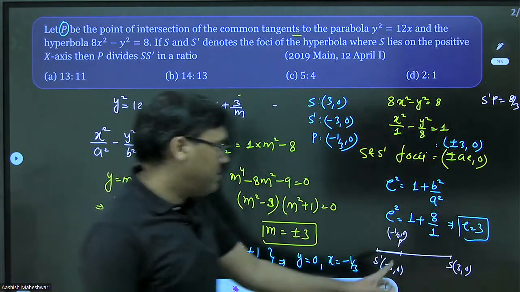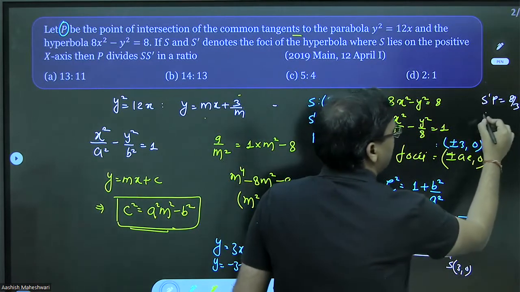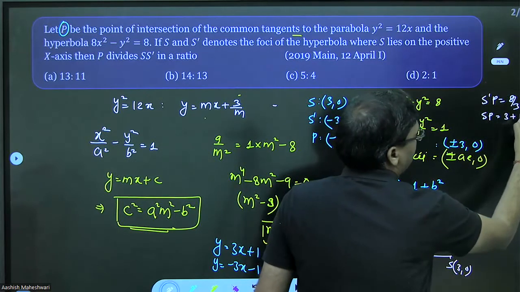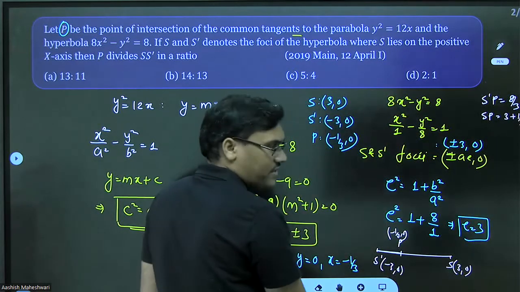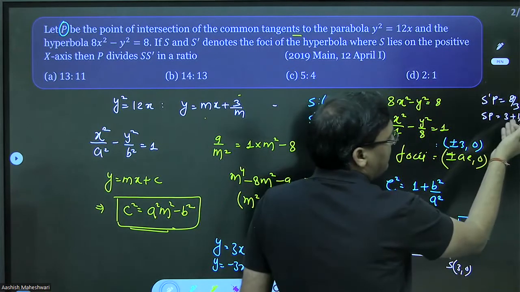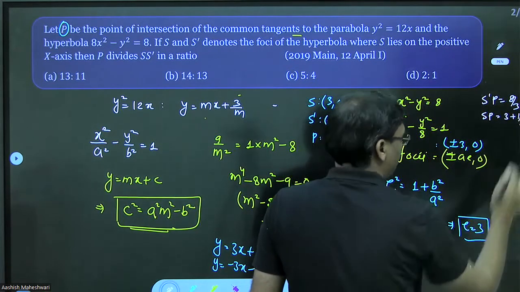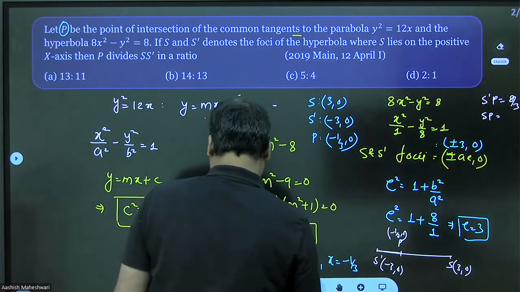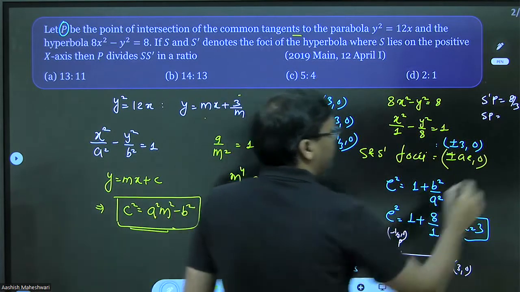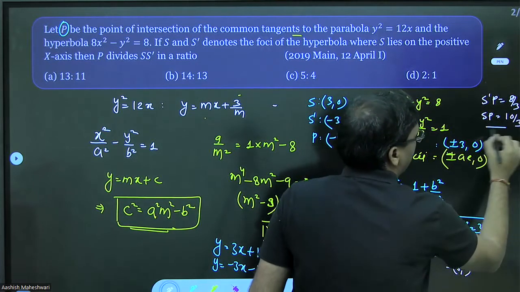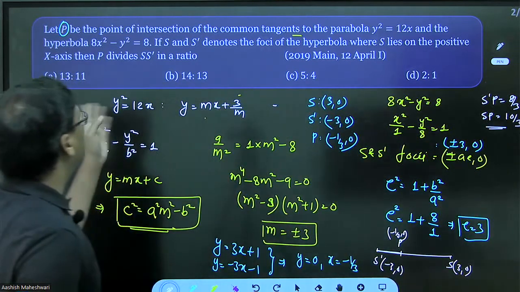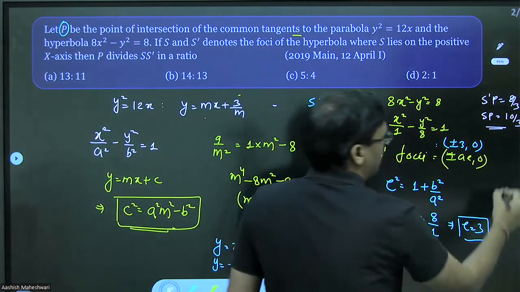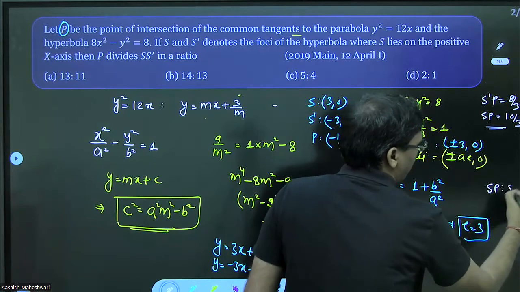Right? And what is SP? SP is equal to 3 plus 1 by 3. You can clearly see how to find this: you can subtract these two. So this is 9 plus 1, that is 10 by 3. So what is the ratio SP is to S dash P?